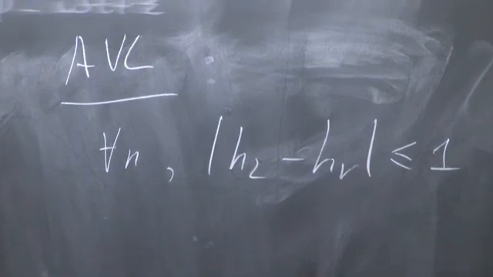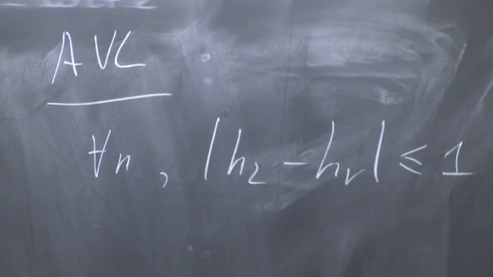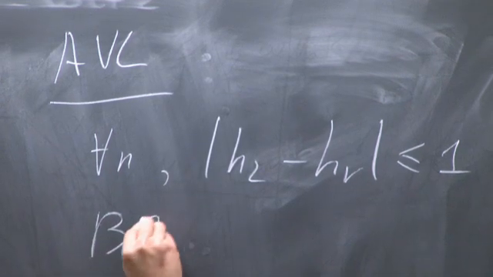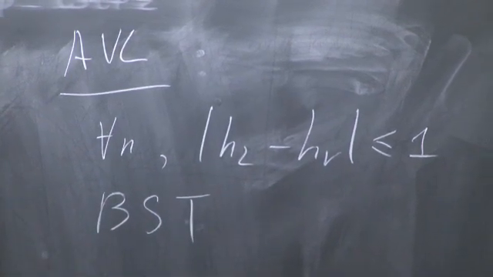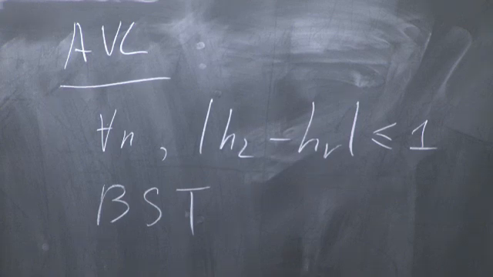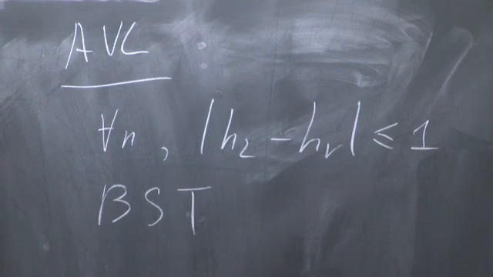What else, if we want to be completely rigorous, do we have to say? It's a BST. So an AVL is a special kind of BST, and that's why when we write the AVL code, we inherit from the BST and we use some of its methods heavily.